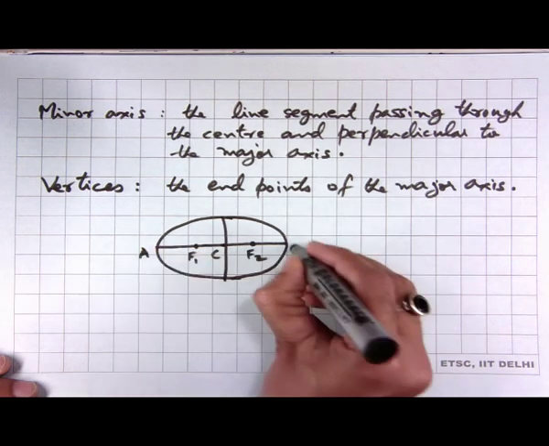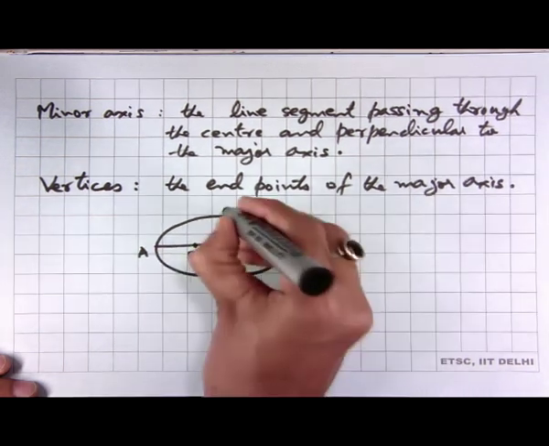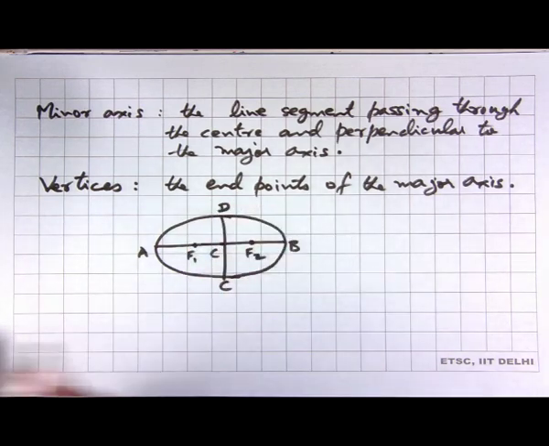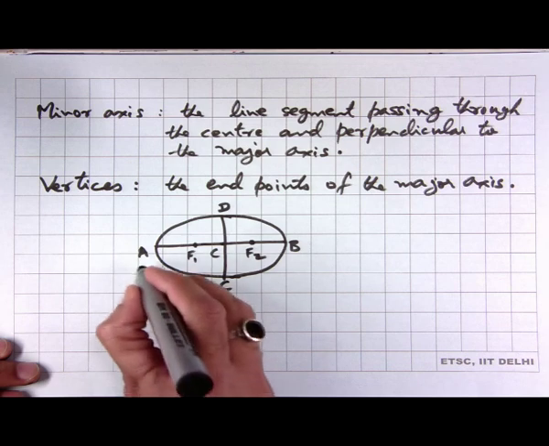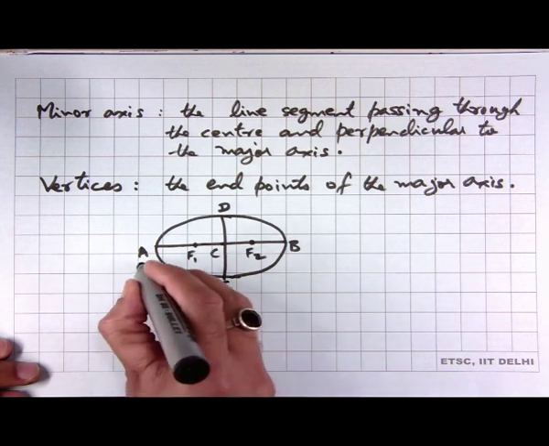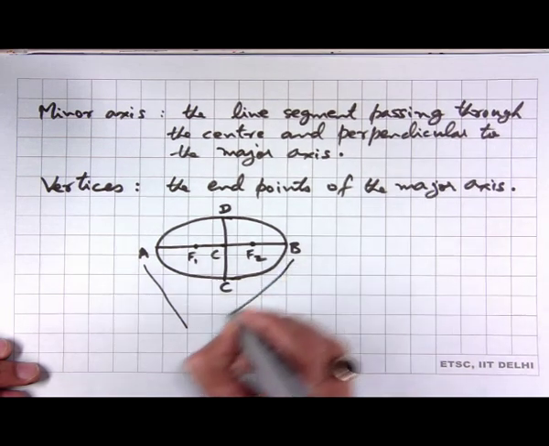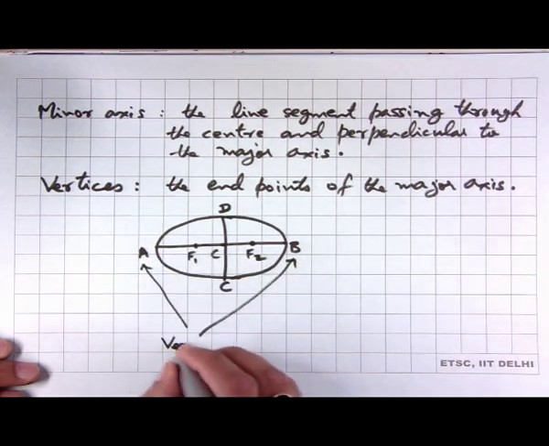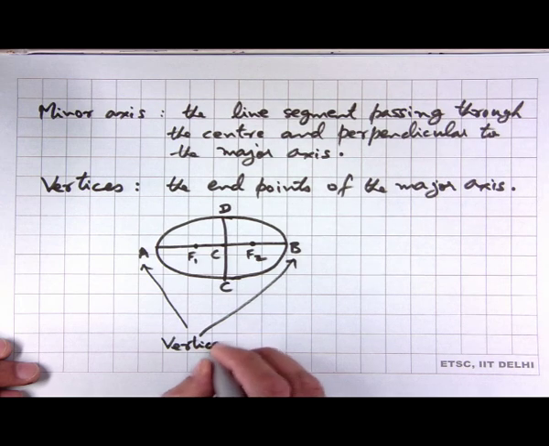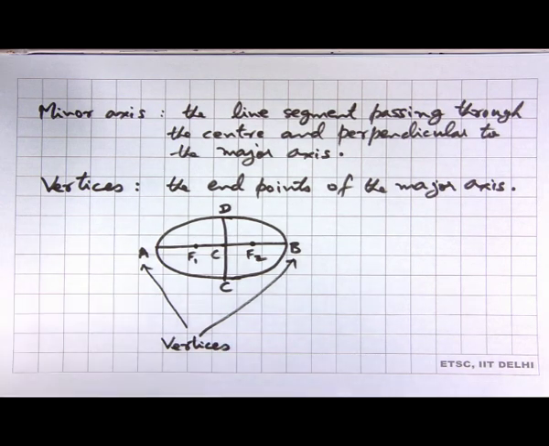Write this A, B and C, D. So, A and B are the vertices.